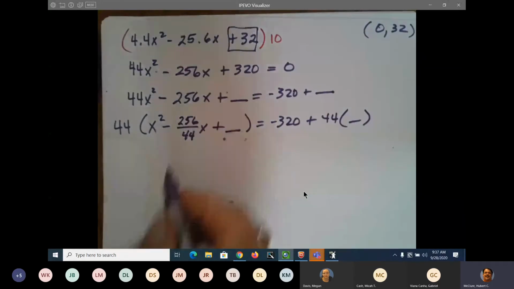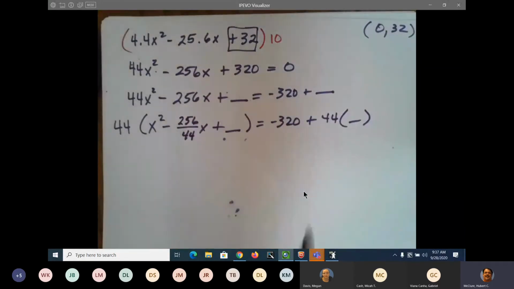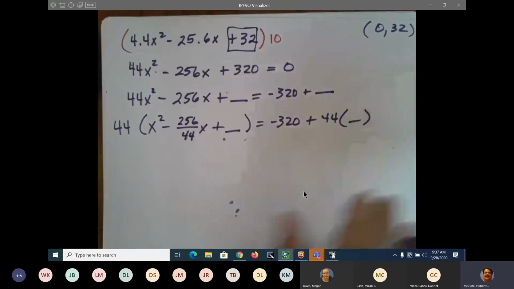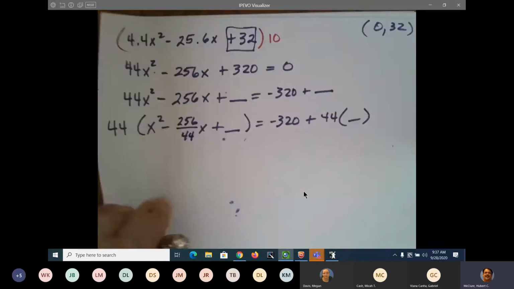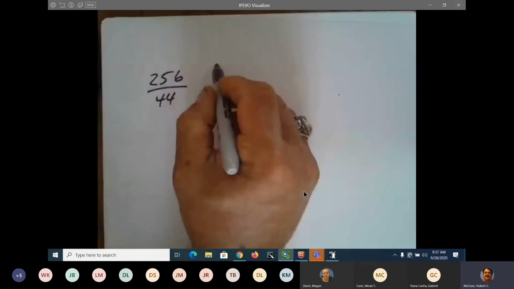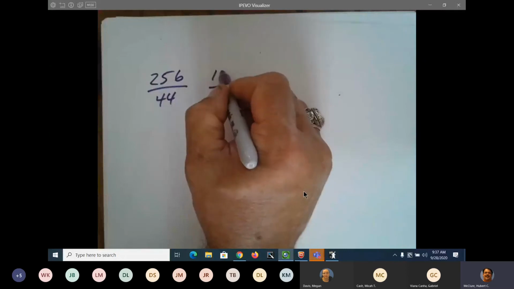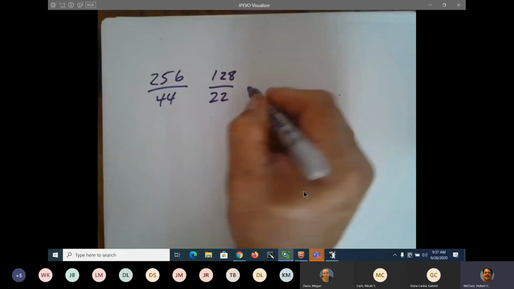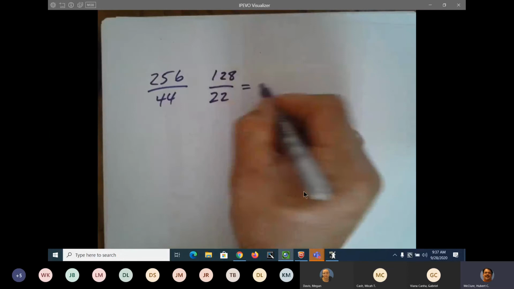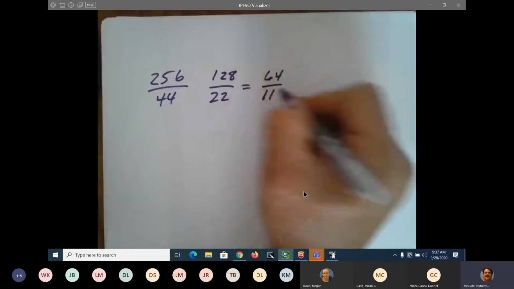Now, 256 over 44, I'm going to go over to another page here. I'm just going to do 256 over 44 divided by 2. That's going to be 22. And 2 will go in there, 128. Y'all check me on this, please. 64 over 11.